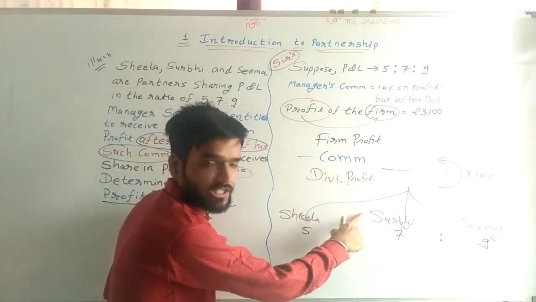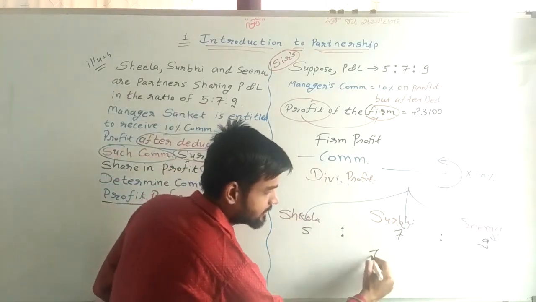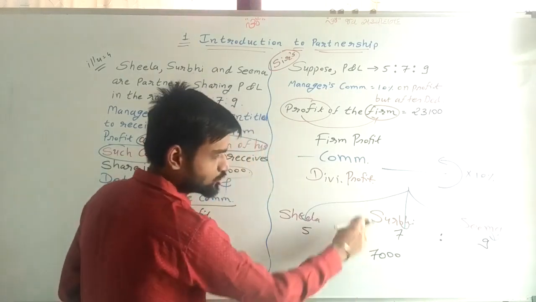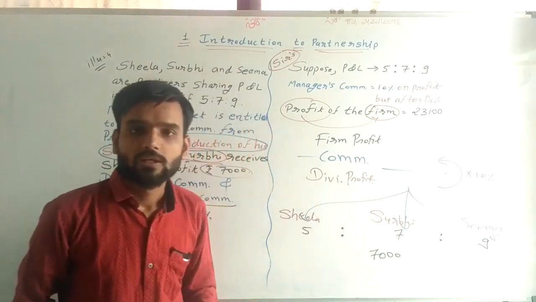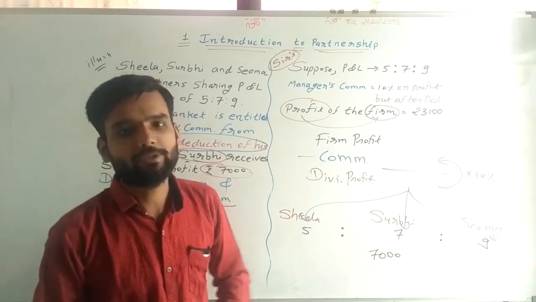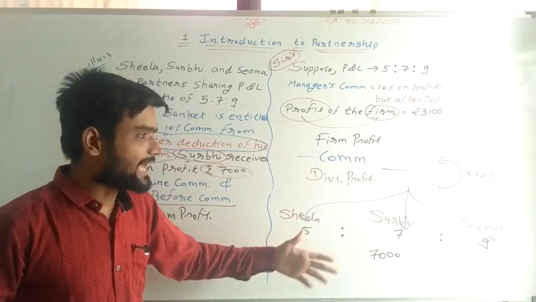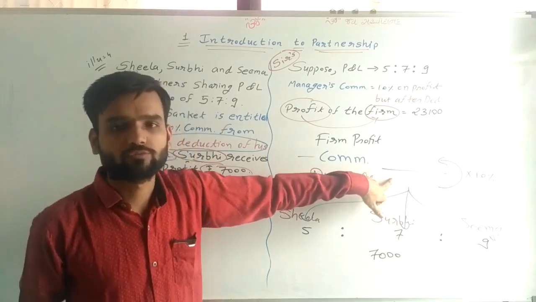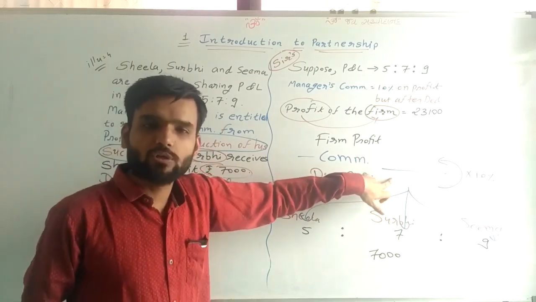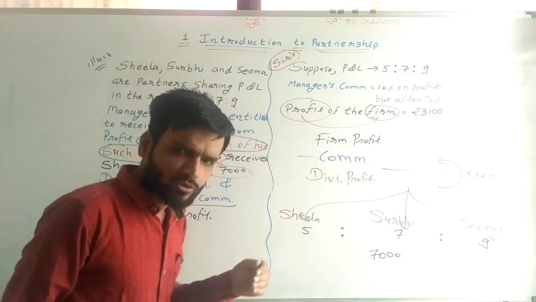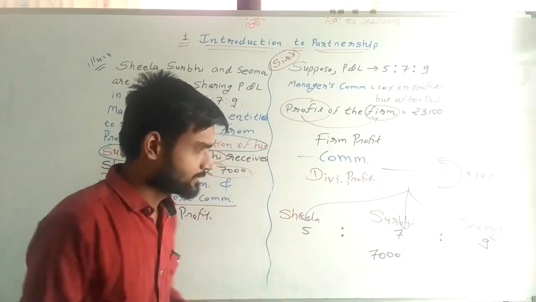So for Surbhi I am writing here 7,000 rupees. Surbhi's profit is 7,000 rupees. Now we can directly find divisible profit also, but I want to clear some other things. That's why I am going by a somewhat long method.